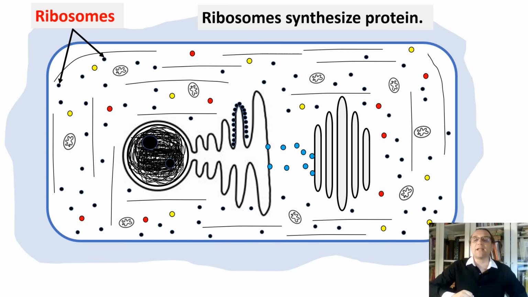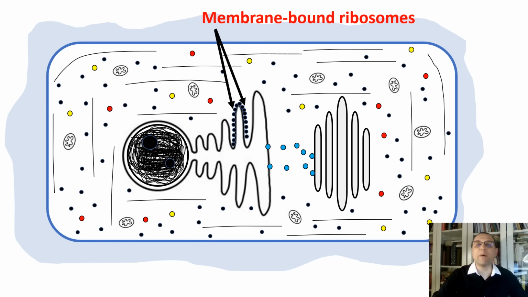In eukaryotic cells, some of them attach to the endoplasmic reticulum of the cell. In prokaryotic cells, some of them attach to the cell membrane, since prokaryotic cells do not have endoplasmic reticulum, of course. Those ribosomes that attach to the endoplasmic reticulum or plasma membrane are known as membrane-bound ribosomes.